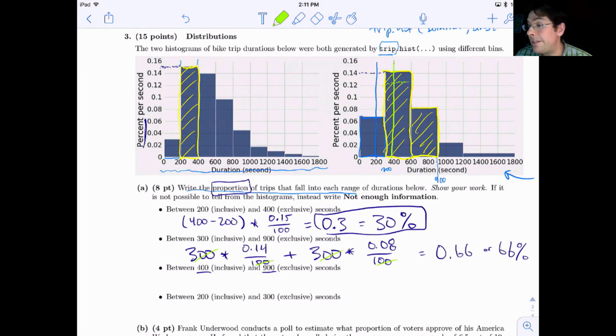So instead, we're going to have to combine two bins from different histograms. And this only works because both of these histograms were generated by the same table. So they contain or describe or visualize the same values, just in different ways. So how do we go from 400 to 900?